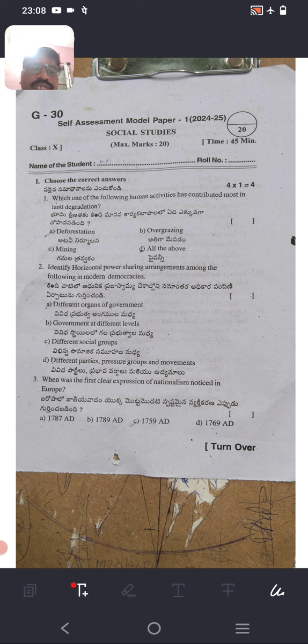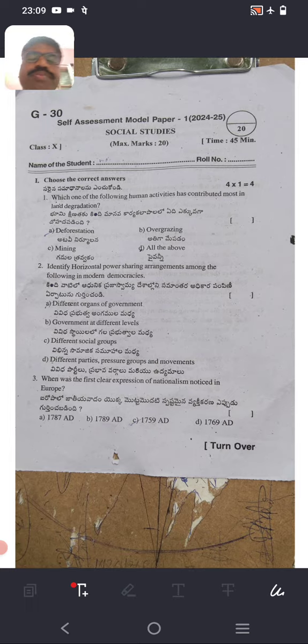If the power is shared among different organs of the same government, then it is called horizontal distribution of power. So, the answer for this question is A, that is different organs of government.